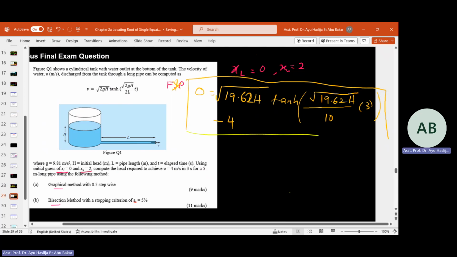Okay, this is the equation that we had generated in the previous example.